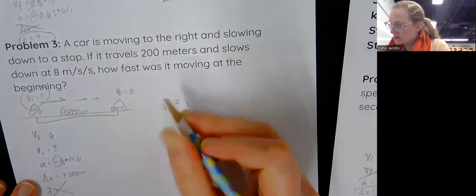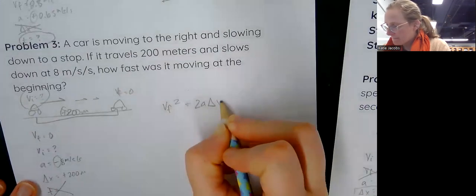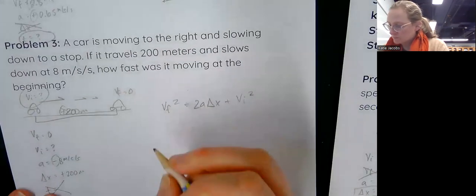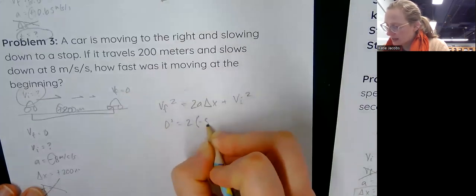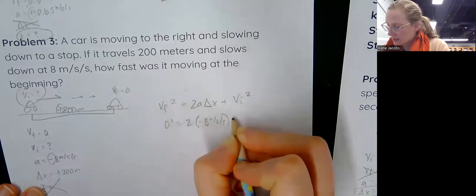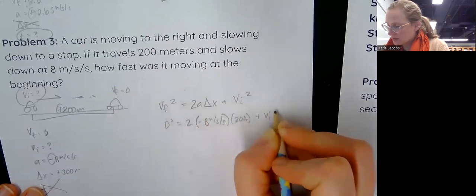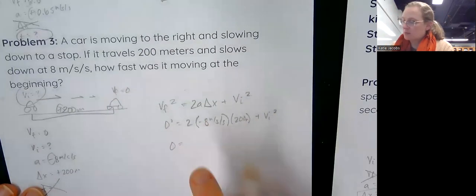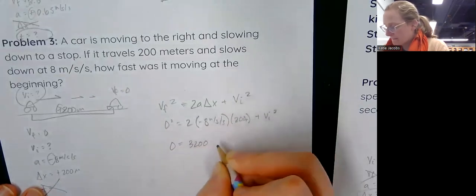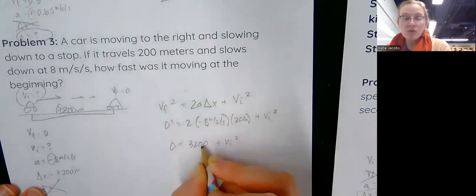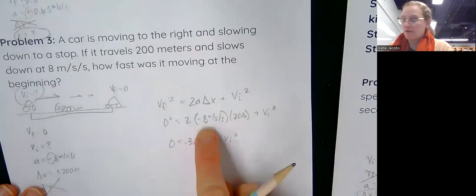VF squared, zero squared equals 2 times negative 8 times 200 plus VI squared. I multiply 2 times negative 8 times 200 and I get negative 3,200 because of that negative 8.